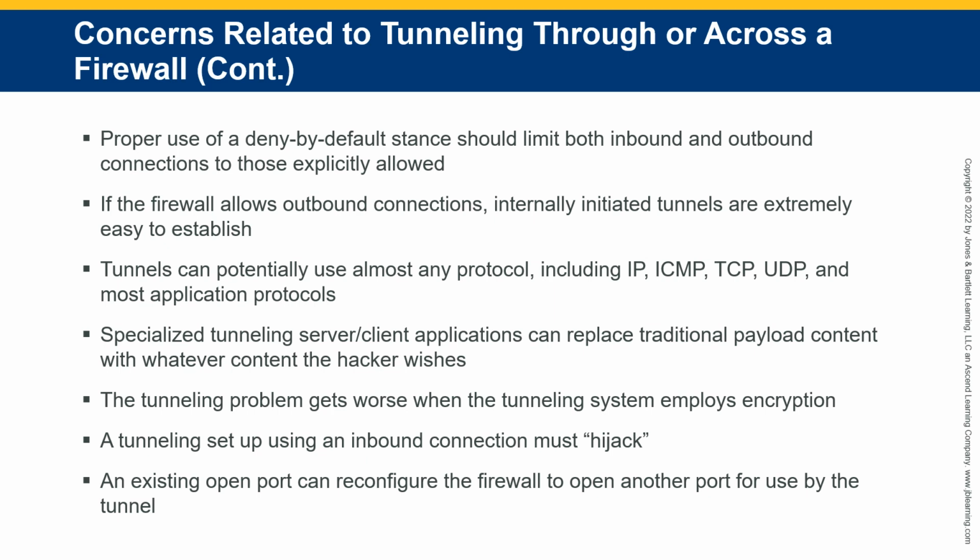The tunnels can use almost any kind of protocol: IP, ICMP, TCP, UDP, and any kind of application protocol. They can masquerade as almost anything. Special tunneling server and client applications usually replace the traditional payload content, and they can do whatever the hacker wishes.